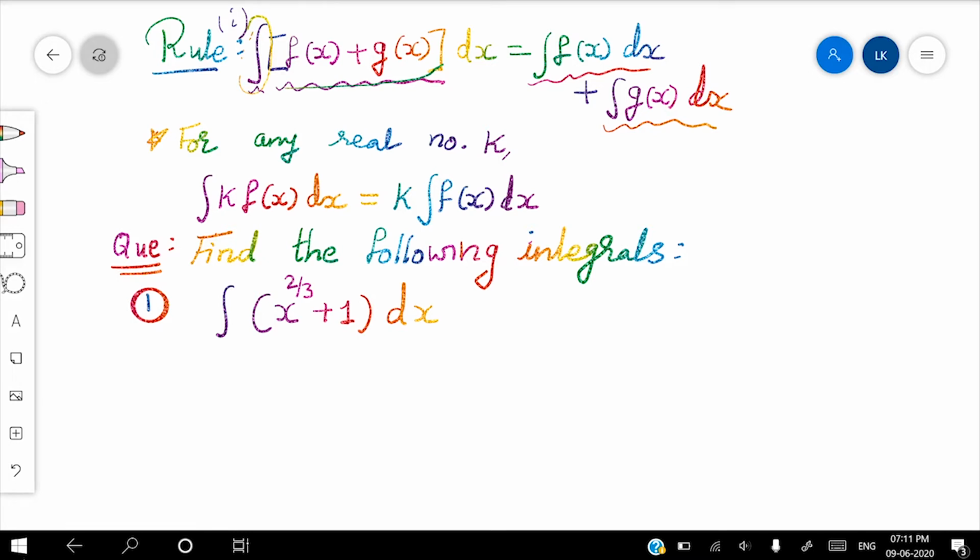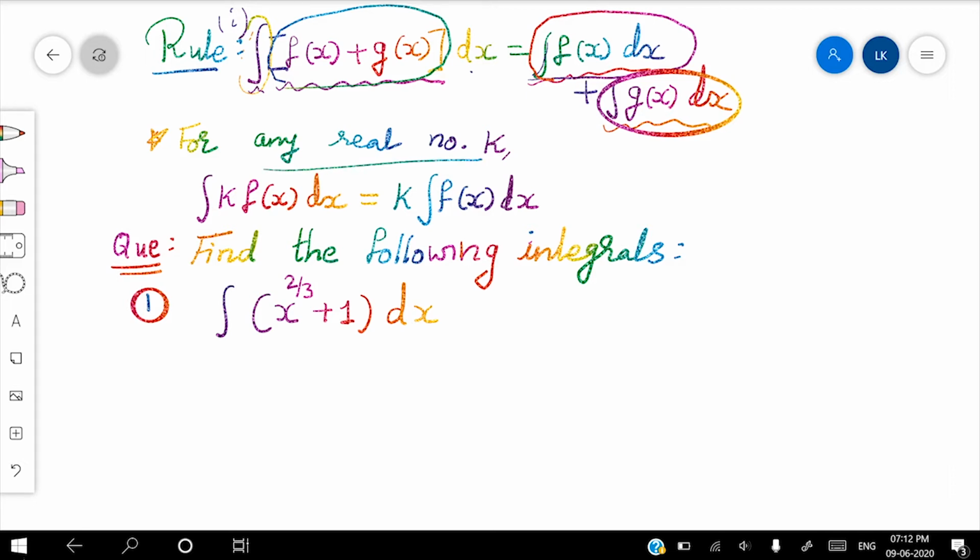That is, integration of f(x) plus g(x) dx equals integration of f(x) dx plus integration of g(x) dx.